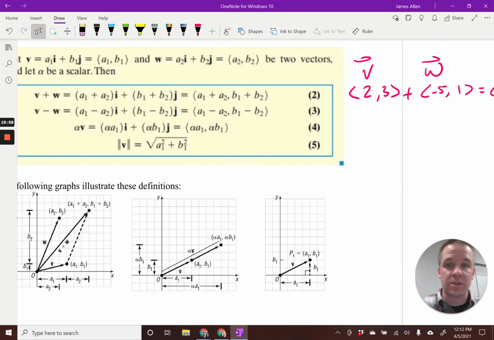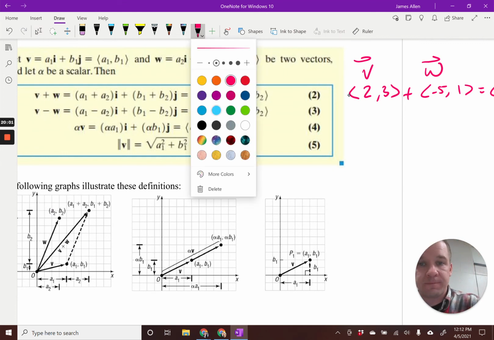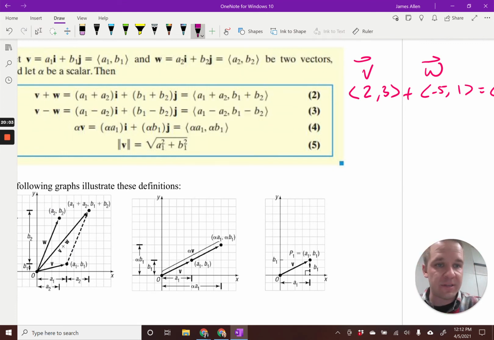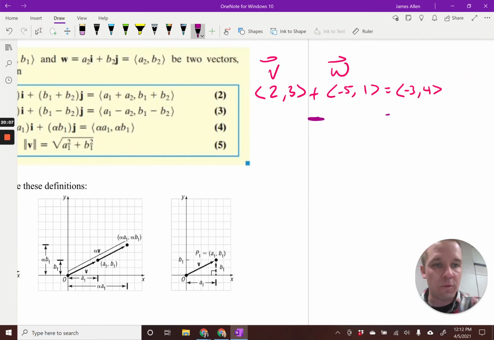So for the next one here, for subtraction, we can do the same type of thing. If I have the same vectors, but now I'm subtracting them, I would result in, well, 2 minus negative 5 would be 7, and 3 minus 1 would give me 2. Cool.